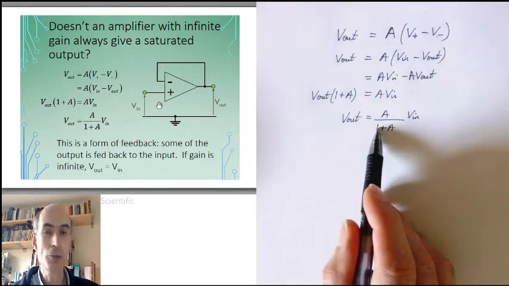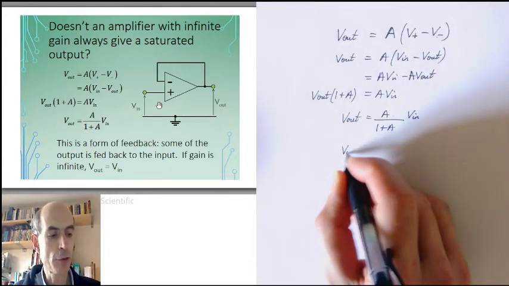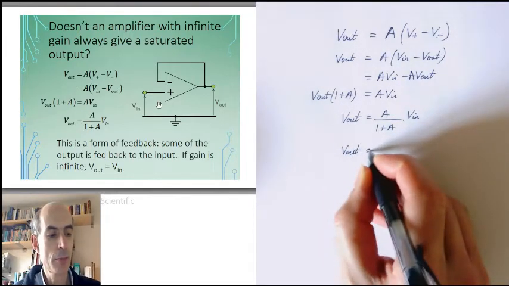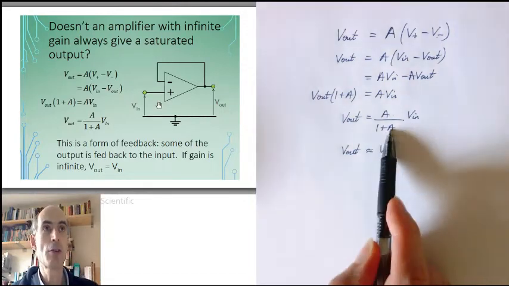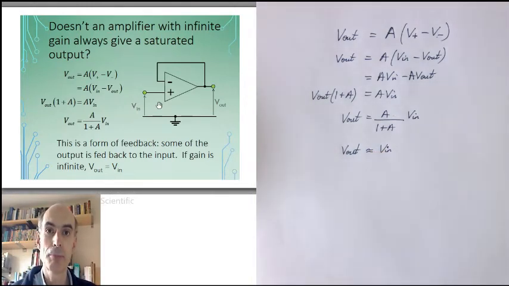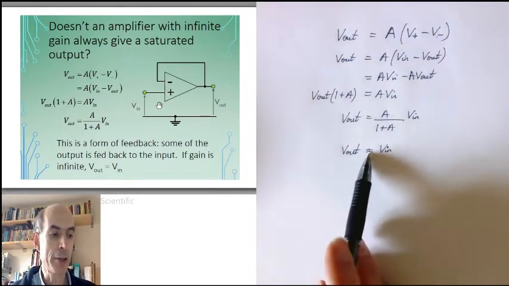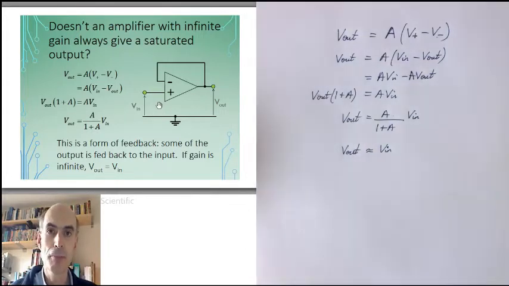The 1 becomes negligible with respect to the A. And that gives us that Vout is approximately equal to Vin. And as A tends to infinity, that approximately equal sign becomes an actual equal sign. So I have here an amplifier that will give me an output which is equal to its input. It's not saturating anymore.